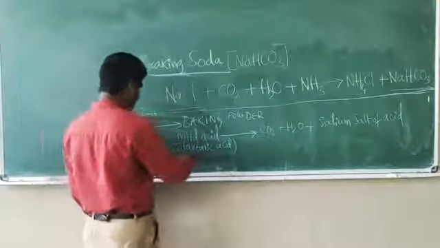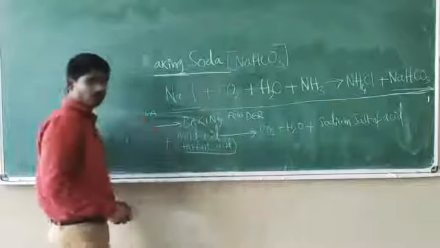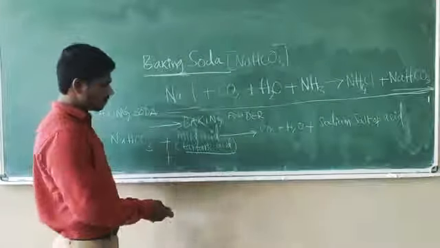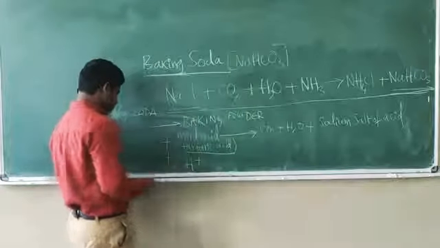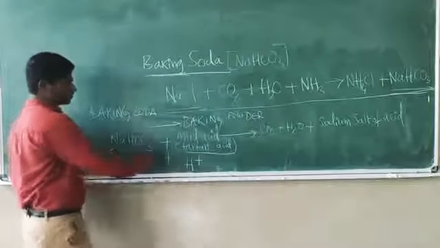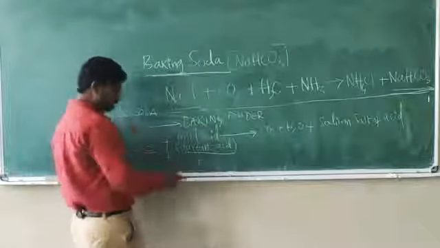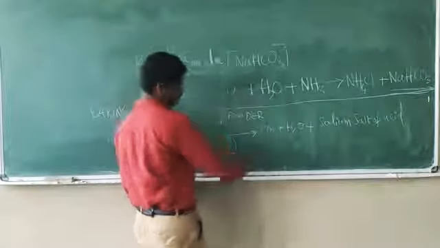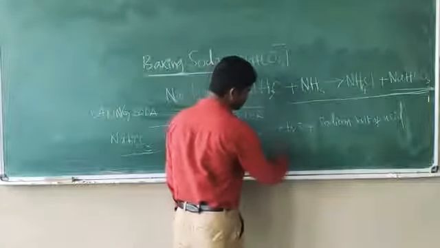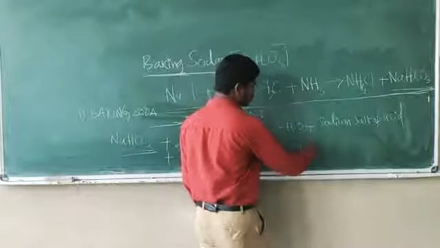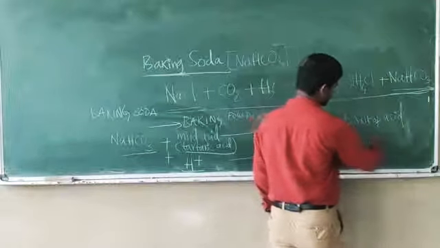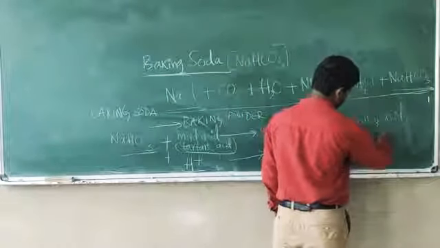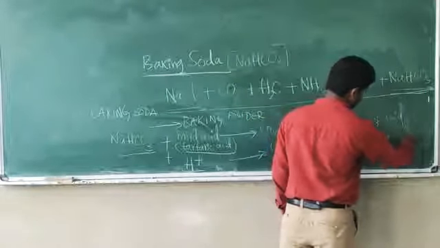So if you add the tartaric acid, and you know guys, in the acid we have what? H plus ions. So this NaHCO3 is going to react with H plus ions present in the acid, and is going to produce CO2 plus H2O plus sodium salt of the acid.